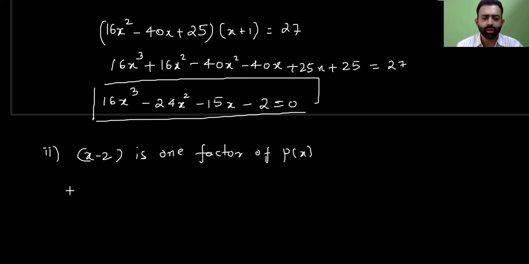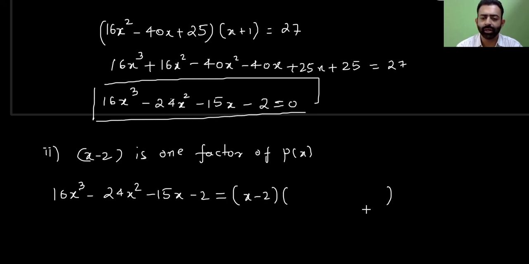So your p(x), which is 16x cube, let me again write this, 16x cube minus 24x square minus 15x minus 2, I can write as x minus 2 multiplied by one quadratic factor, right? This we have done in question number 1 or 2 in this assignment only. The type of question is different, but the method is same.